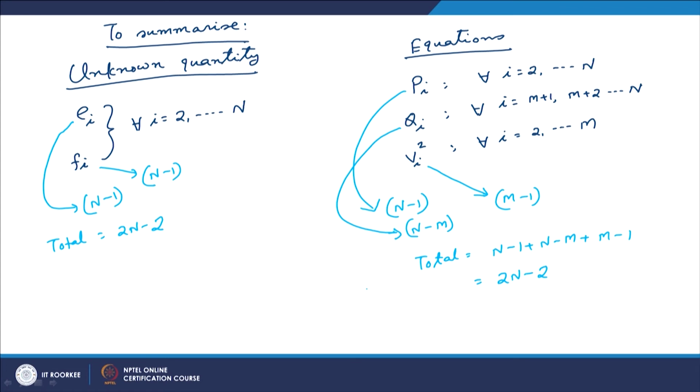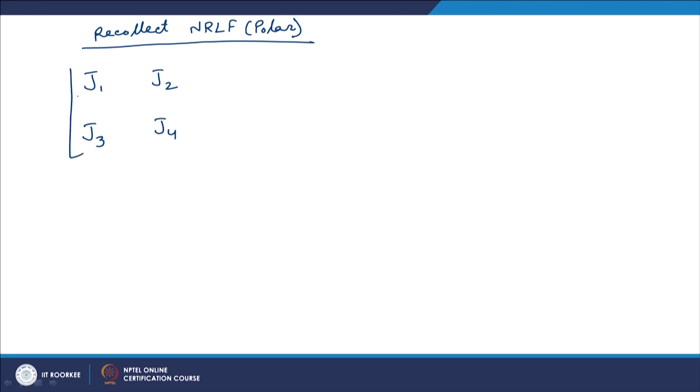Now, if we recollect our discussion of the Newton-Raphson polar method, NRLF polar, what we had were equations as J1, J2, J3, J4 times delta theta vector, delta V vector, equal to delta P vector, delta Q vector.